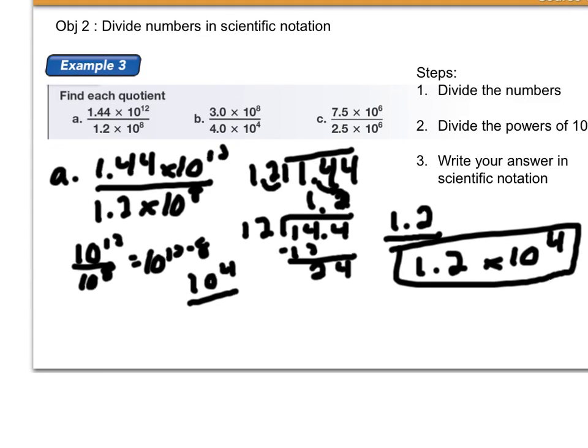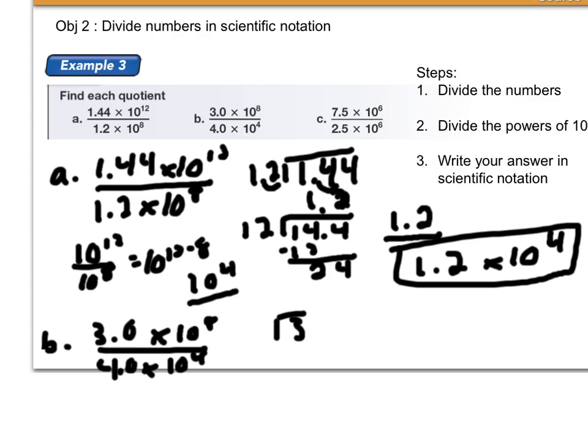Okay, let's go on to B. For B, we've got 3.0 times 10 to the 8th divided by 4.0 times 10 to the 4th. Okay, so divide the numbers. We're taking 3 divided by 4, which is 0.75. 4 goes into 30 7 times.